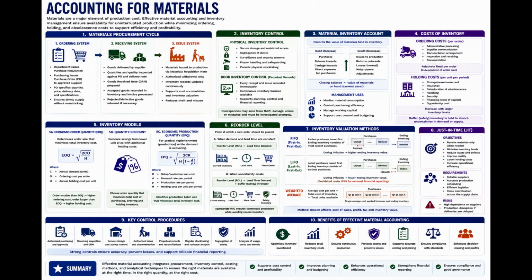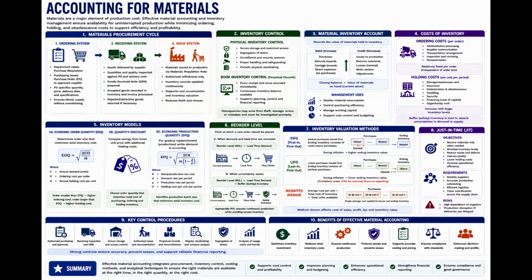Under LIFO, last in, first out, the latest purchases are issued first, resulting in lower closing inventory values during inflation. Although LIFO is prohibited under international accounting standards for external reporting, the weighted average method calculates a single average cost per unit by dividing total inventory cost by total units available, producing smoother inventory valuations and reducing price fluctuations.